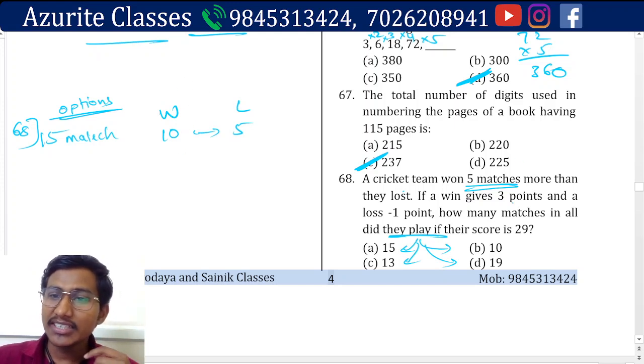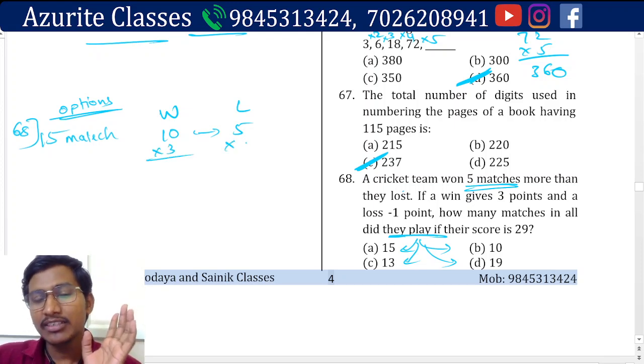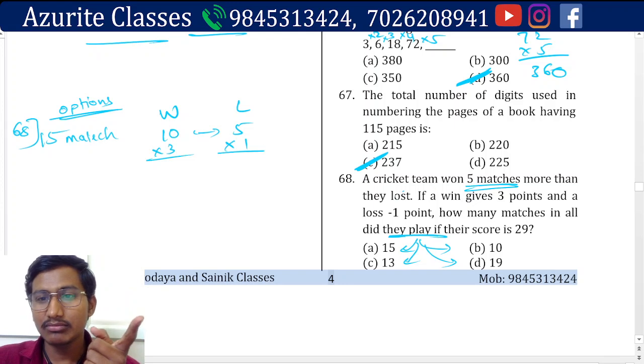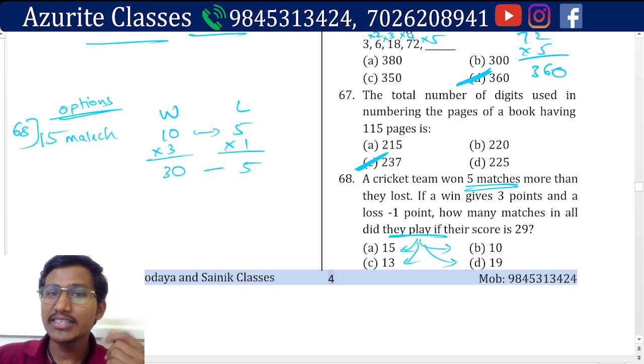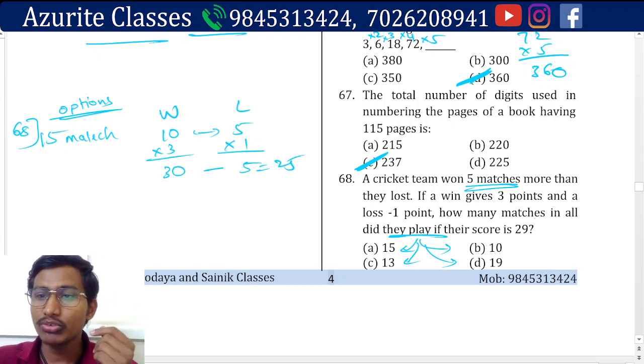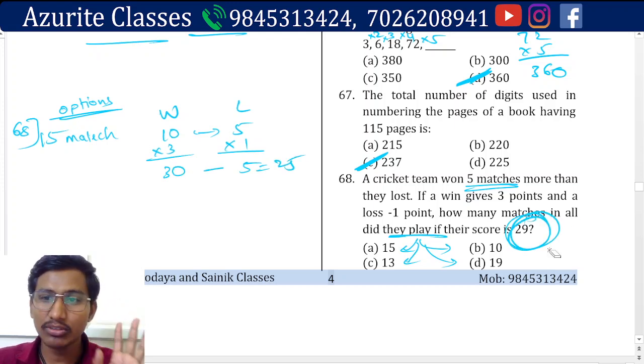For winning they get 3 points, so 10 into 3 is 30 points. And for losing they get minus 1 point, so 5 less. If you subtract, you will get 25, not 29 which they are asking. So that is not possible.